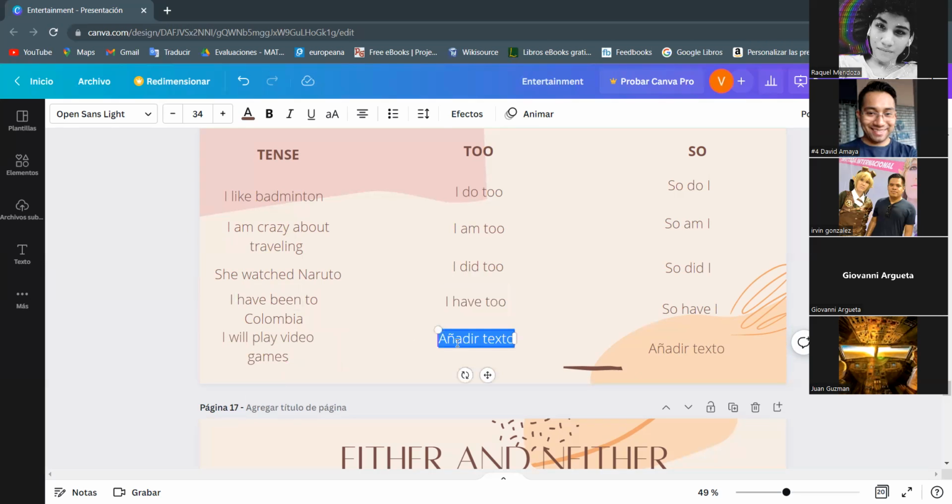How do you think this one goes? I will too. Great, good job. I will too. Subject, auxiliary, and the too. That's the structure. Not necessarily the context. Correct, because it was just mentioned.